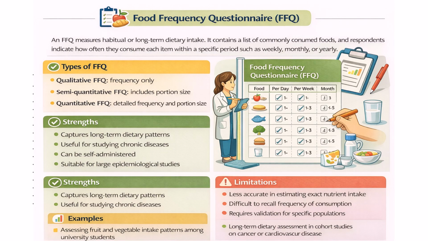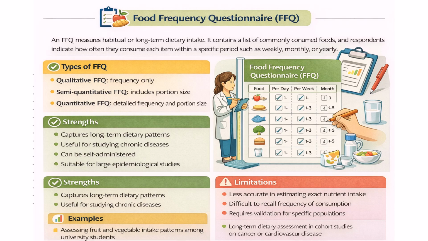Food frequency questionnaire measures the habitual or long-term dietary intake, and it contains a list of commonly consumed food. Respondents are asked to indicate how often they consume each item within a specific period. It could be weekly, monthly, or yearly.